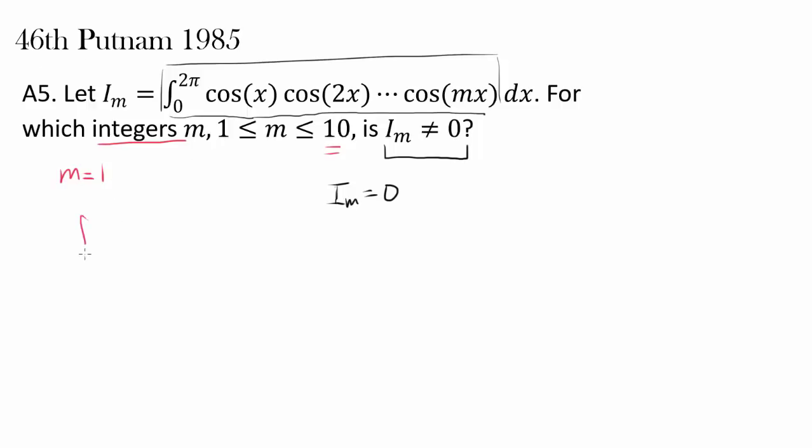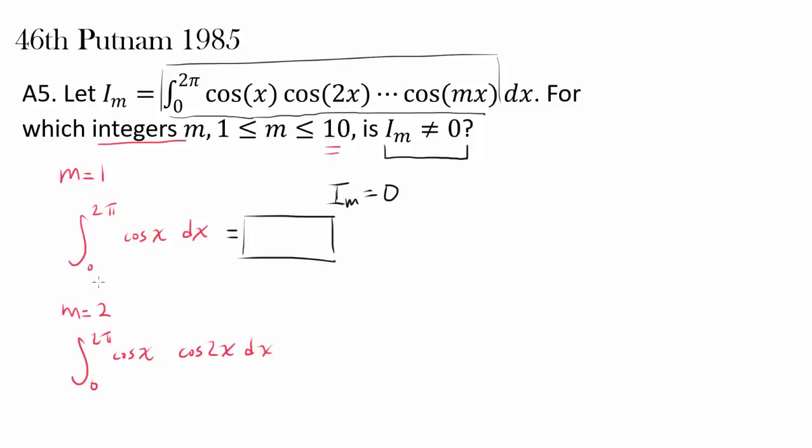When m is equal to 1, we have the integral from 0 to 2 pi of cosine of x dx. When m is equal to 2, we have the integral from 0 to 2 pi of cosine of x times cosine of 2x dx, and when m is equal to 3, we have the integral from 0 to 2 pi of cosine of x times cosine of 2x times cosine of 3x, and so on. And we wish to look at the value of each of these.